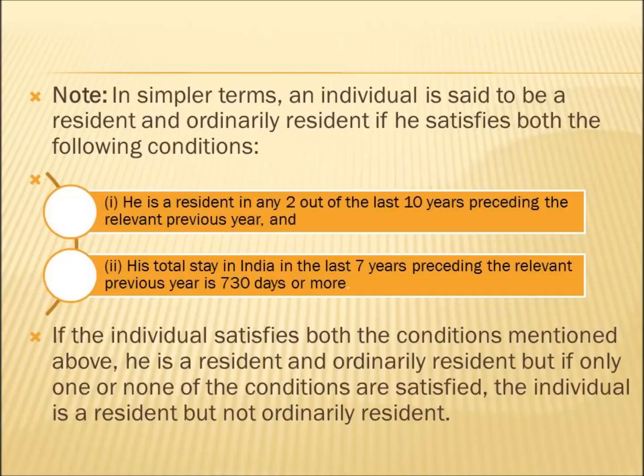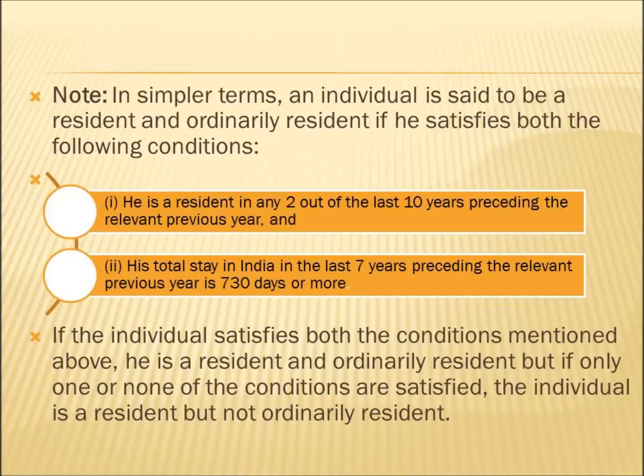If these two conditions are satisfied, the assessee is resident and ordinarily resident, and if any of these two conditions is not satisfied, then the assessee is not ordinarily resident. Both ways are similar.